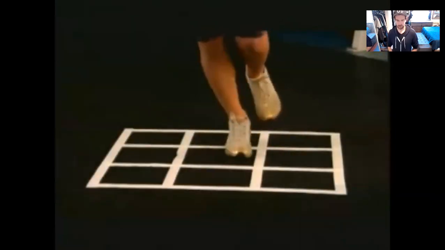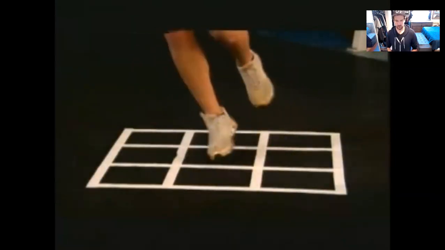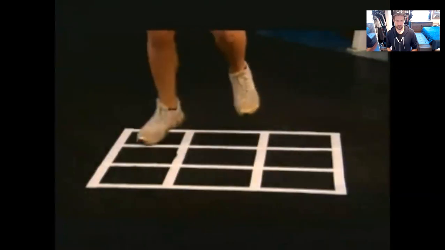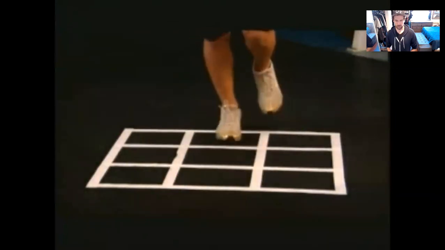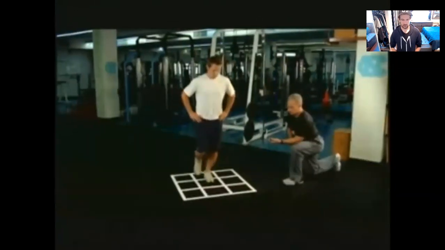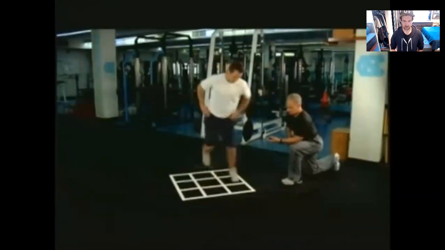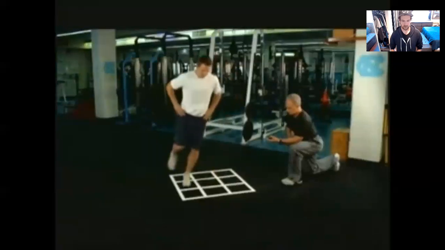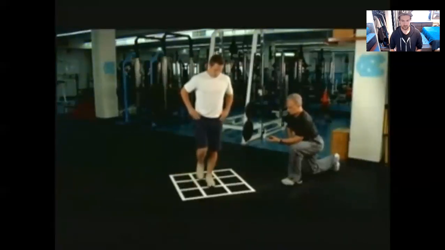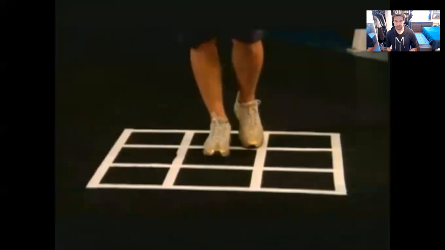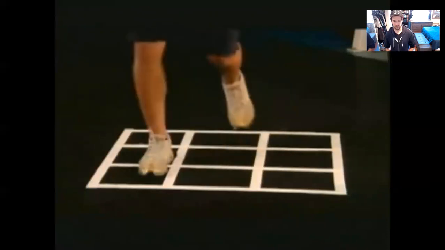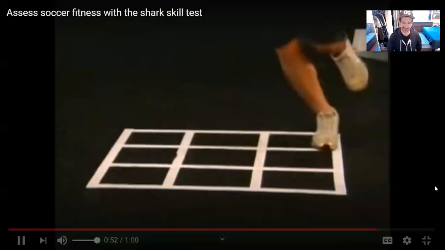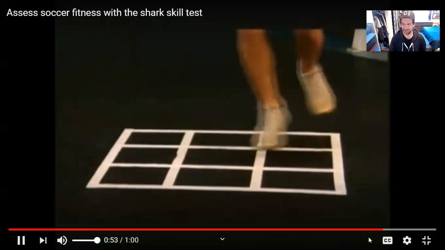Start the test with single leg hops, alternating from the center square to the other squares using a clockwise pattern or counterclockwise pattern. 1/10 of a second will be deducted if you drop your hands or miss the appropriate box.